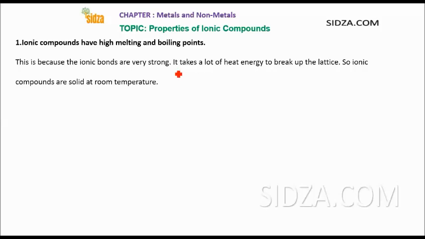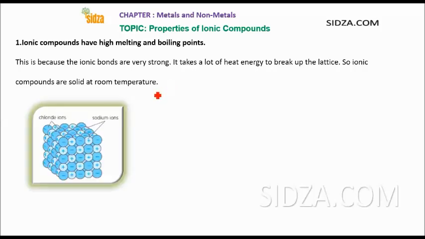Ionic compounds, we know, are formed by the loss and gain of electrons, and the oppositely charged ions are very strongly held together in an ionic compound. Ionic compounds are generally crystalline solids, and the cation and the anion in the crystalline solid are very strongly held together.